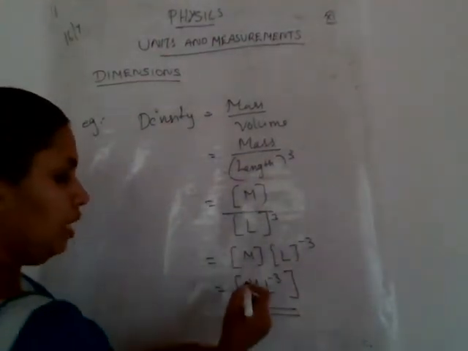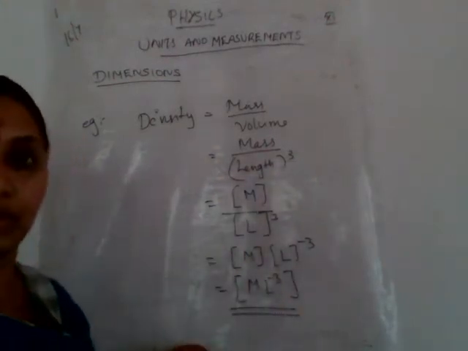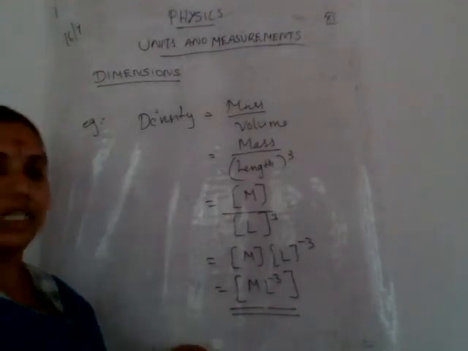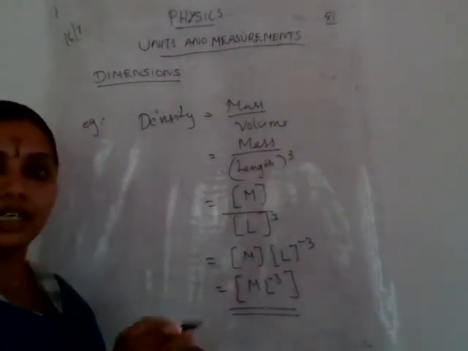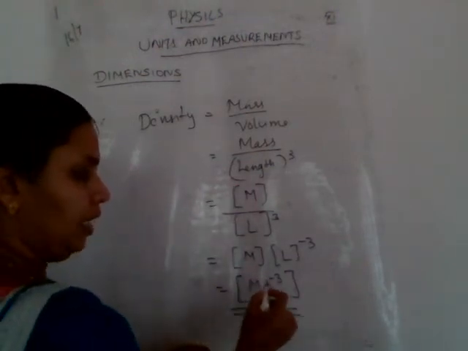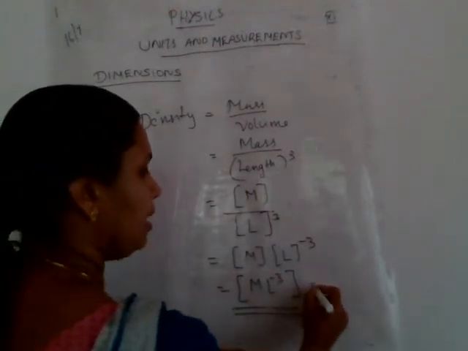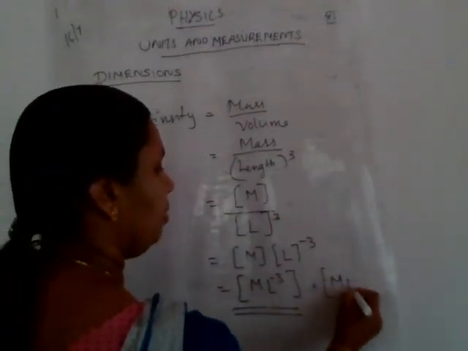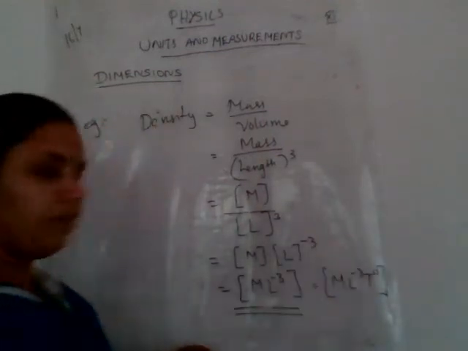So what is the power? That is the question. Here, what is the power of mass? All other things are the same, isn't it? We saw the example. In all of them, everywhere M, L and T are coming. Only the difference is in the power. So here the power of mass is 1, power of length is minus 3, and power of T is 0. M L minus 3 T 0. Only the powers are changing.